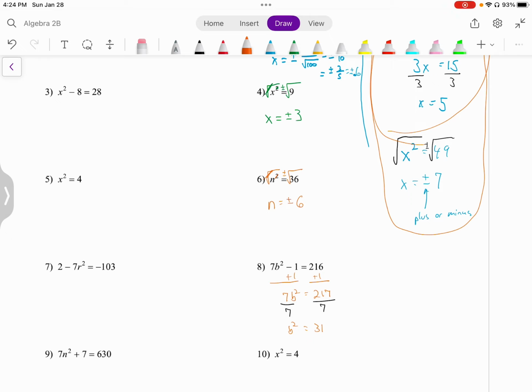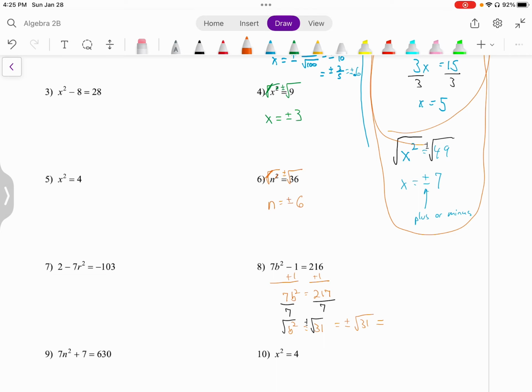And now, unlike the previous questions, like number 4 and 6, we're going to take the square root of both sides, which is the same as 4 and 6. However, the square root of 31 is not really a known value. It's not an integer. So we can put plus or minus. Technically, and we'll talk about this later, the square root of 31 is a good answer.